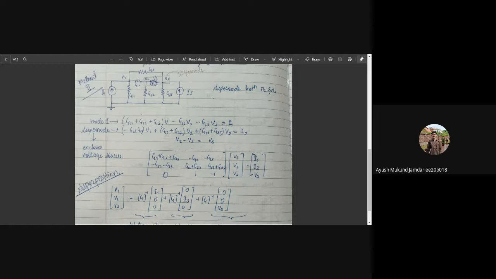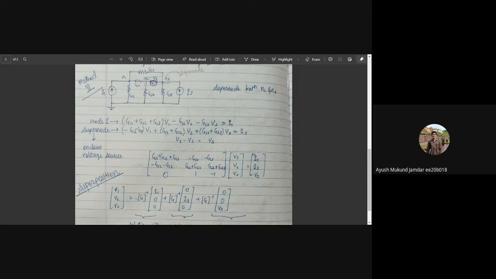We have V2 and V3 over there, and Vs gave us the equation that V2 minus V3 is Vs. Now coming to the KCL equation, that gives us V2 times G22 plus V2 times G12, and V3 times G13 plus V3 times G33, and again we have V1 connected to it through G12 and G13.